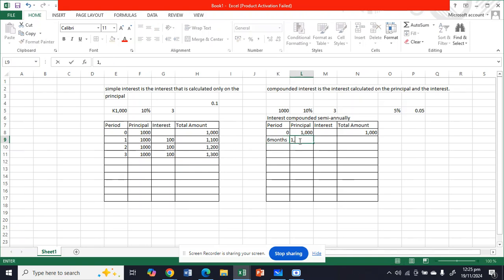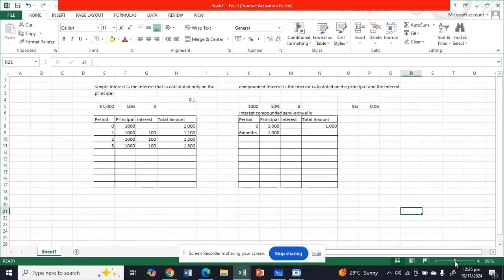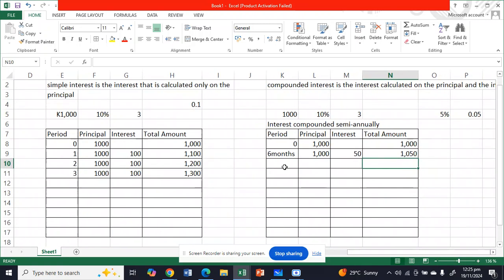So after the first 6 months, we calculate our interest. We use 5%, so 5% of 1000. We earn interest of 50 kwacha. So after 6 months in our bank account, we have 1050 kwacha. After another 6 months passes, this is now basically 1 year.